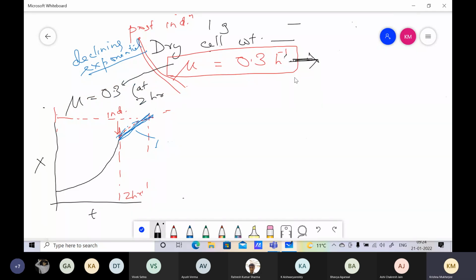If mu is equal to 0.3, now what should be X at induction? I hope you understand what I'm saying.